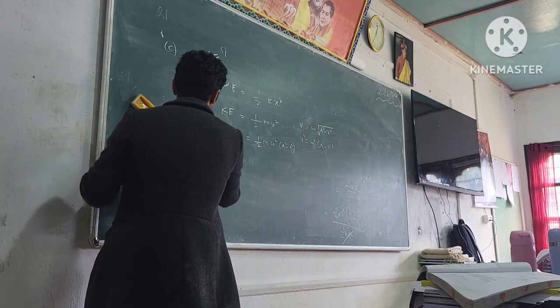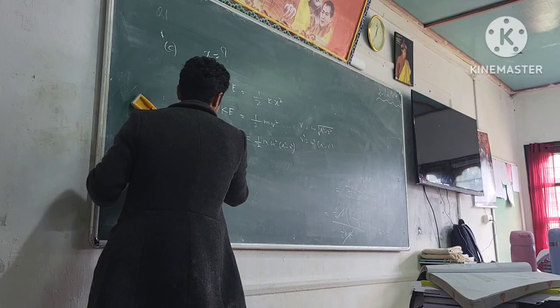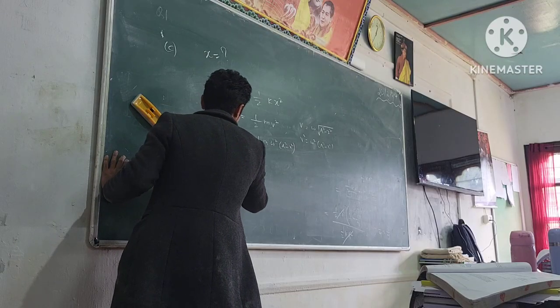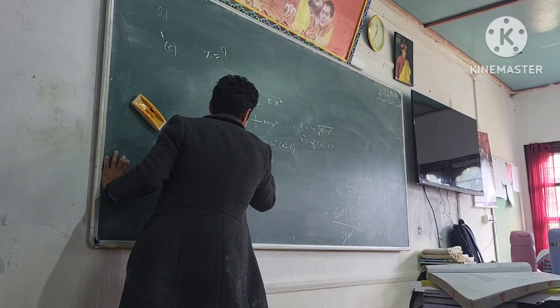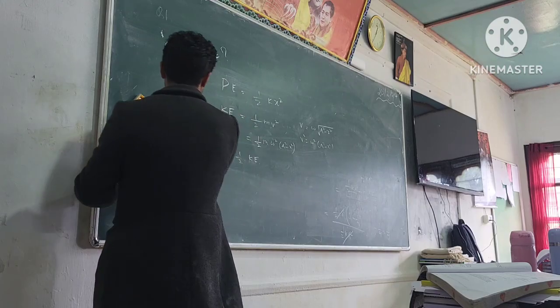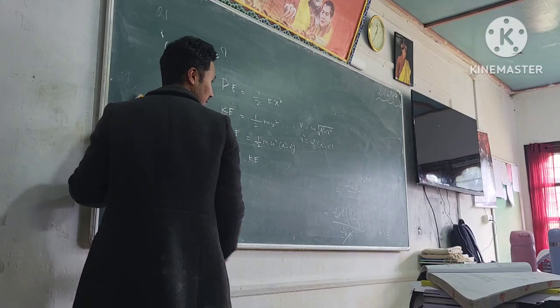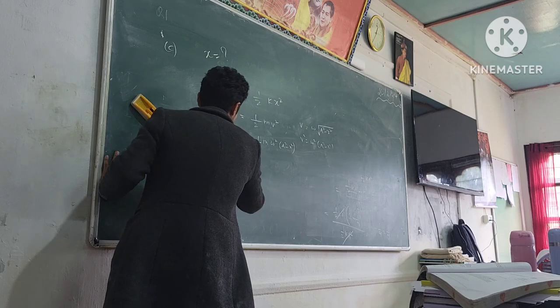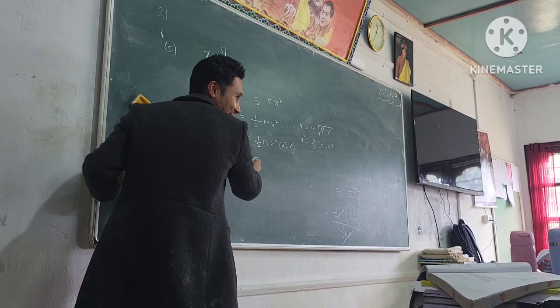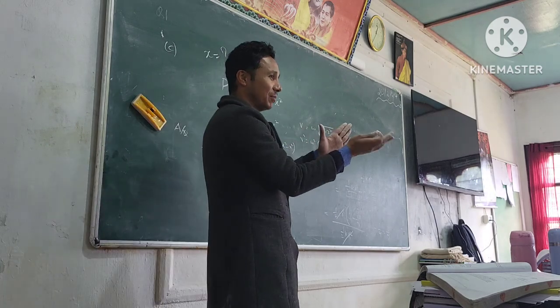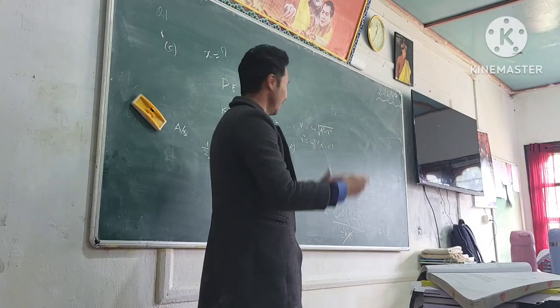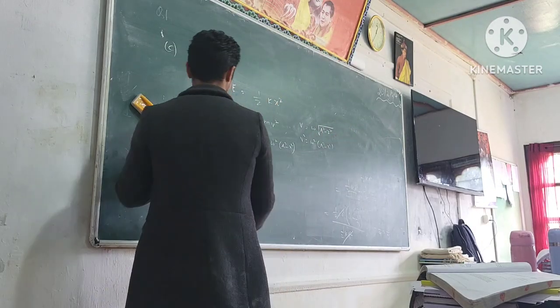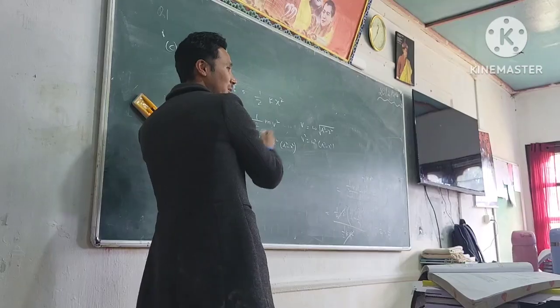Now according to the question, our potential energy has to be half and kinetic energy has to be half. So when the potential energy is half and kinetic energy is half, obviously they have to be equal, right? Because the total energy is nothing but potential plus kinetic energy.